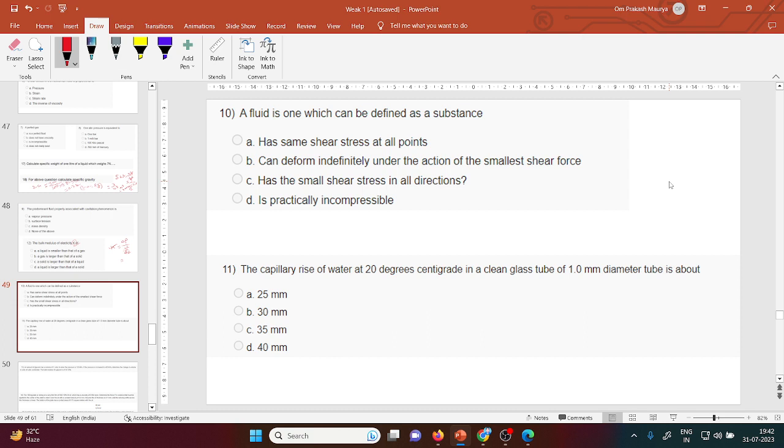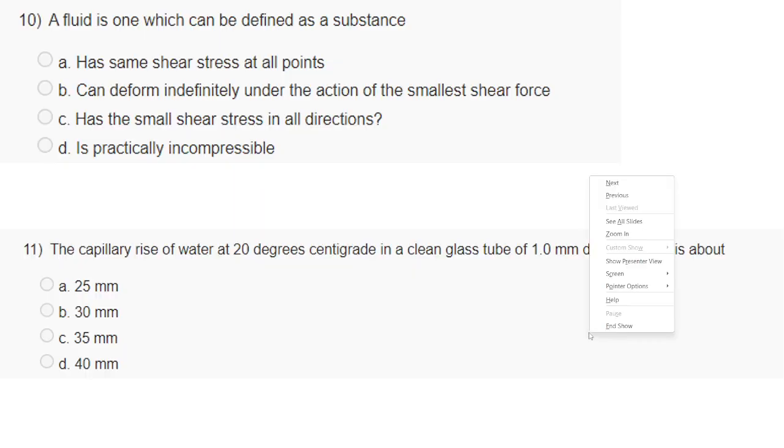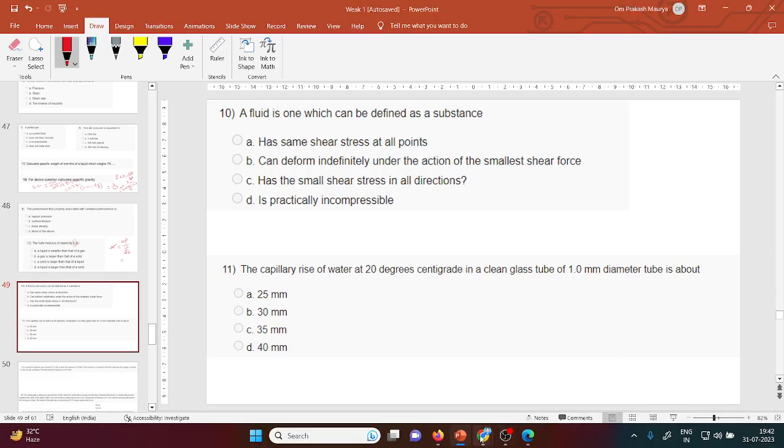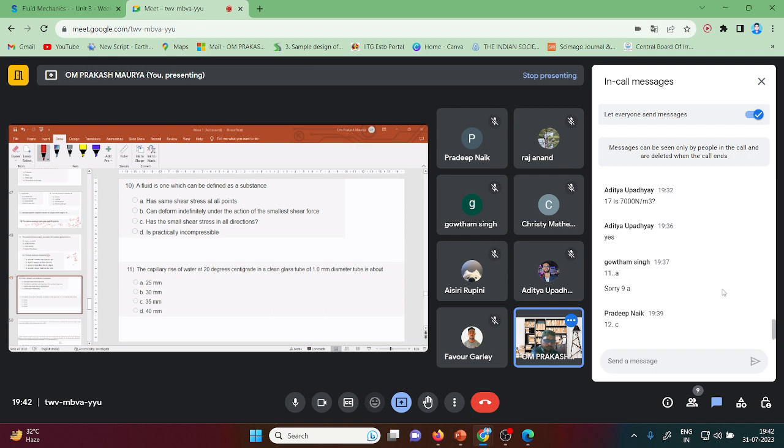A very simple question, but sometimes you forget the formula and are not able to solve it. If someone gives the answer in the chat box, then I will explain. Pradeep is telling about question number 11.